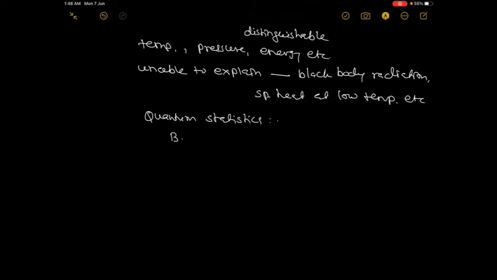Therefore, the two statistics we mention here under the quantum statistic are Bose-Einstein statistic, and the other one is Fermi-Dirac statistic. Quantum statistics holds good for photons and elementary particle.